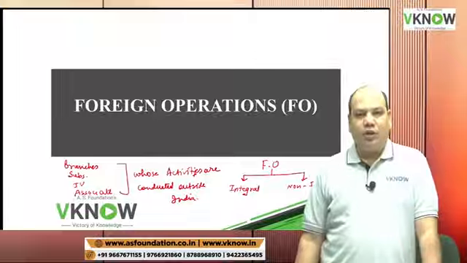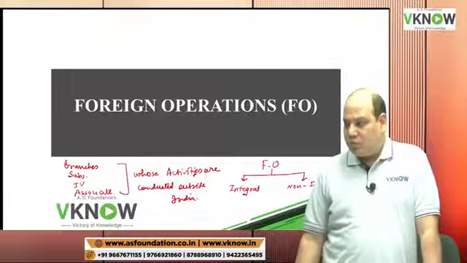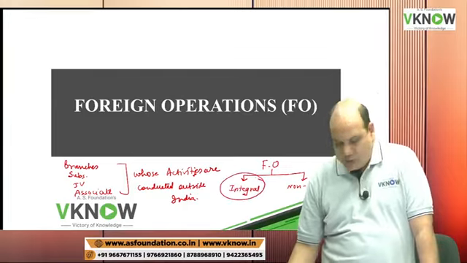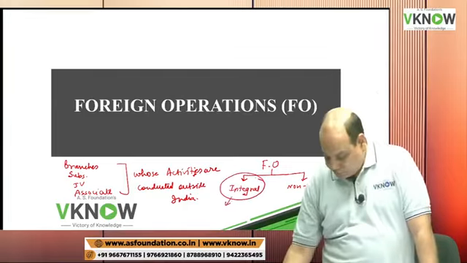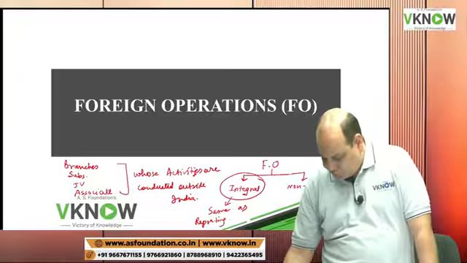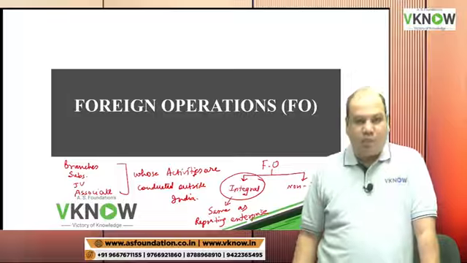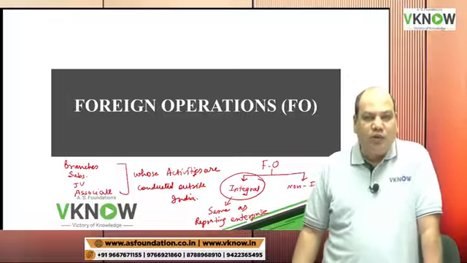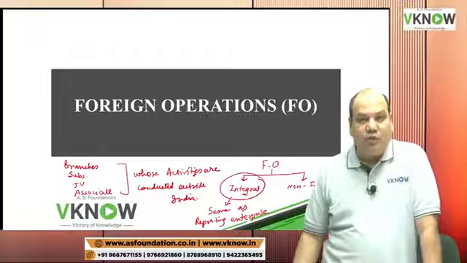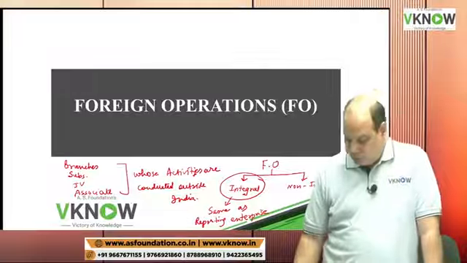Accounting treatment of integral foreign operation is same as reporting enterprise. That means same rules are applicable that you have learned in the last one or 2 days. But the accounting treatment for non-integral foreign operation is slightly different.